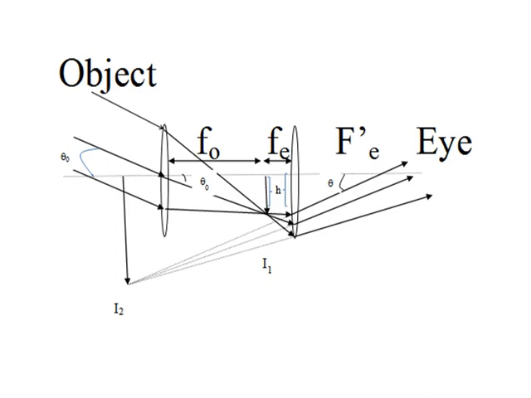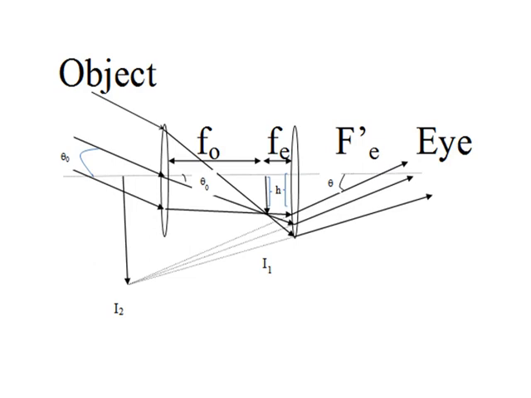Then the first image is formed at the focal point of the first lens. The lens closer to the object is called the objective.